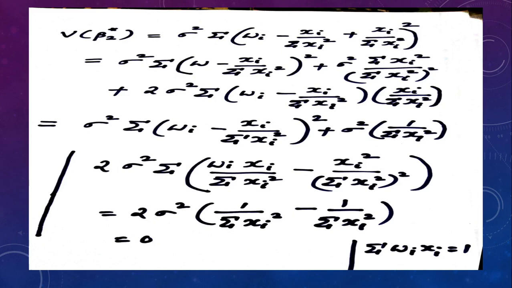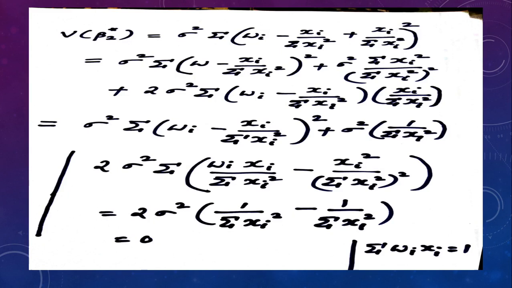There is no change in the first term, so first term is there, plus we know that sigma square into sigma xi square divided by sigma xi square, the whole square. So that is equal to sigma square into 1 by sigma xi square. That is the second term.